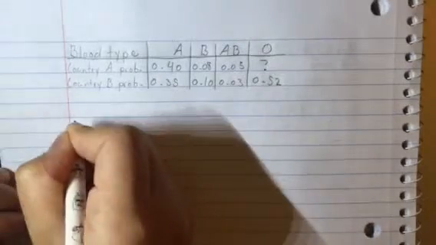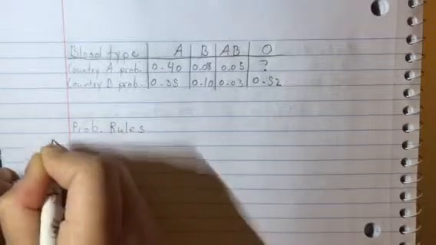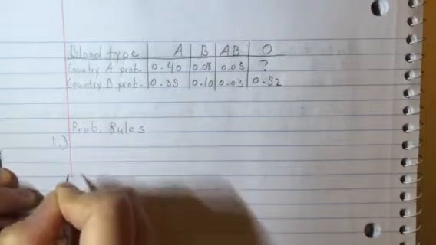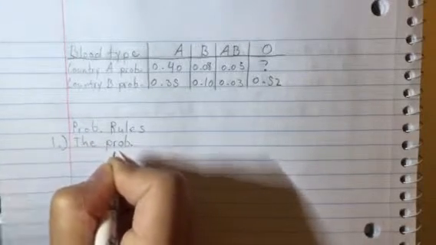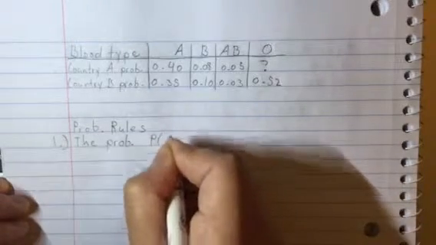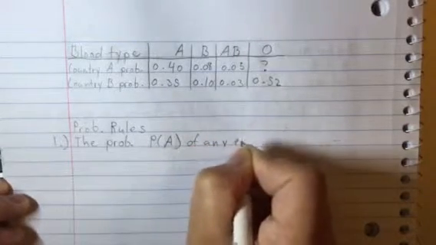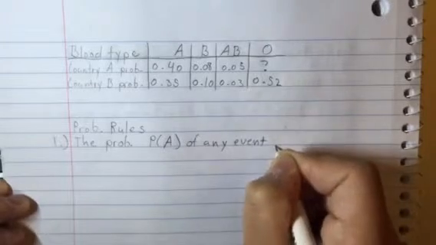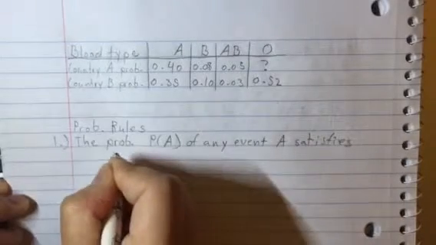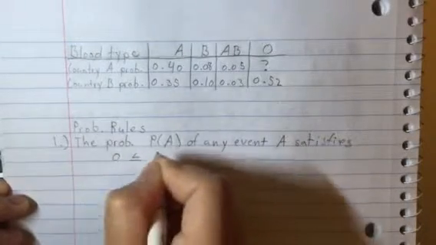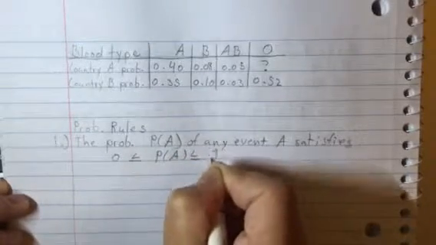Rule number 1 for probability rules: I'm just abbreviating probability as P. The probability of A, of any event A, satisfies 0 is less than or equal to the probability of A, which is less than or equal to 1.